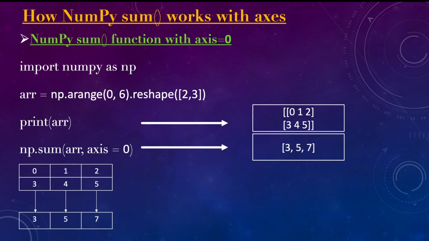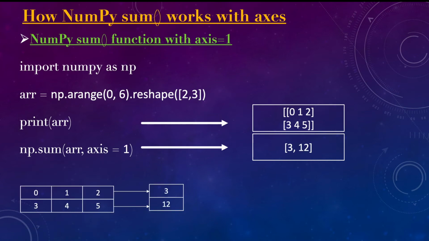So we are collapsing the 0th axis. In the earlier example, the sum function aggregated the elements of each single column and collapsed the rows into a single row. There were 2 rows, and they collapsed into a single row.